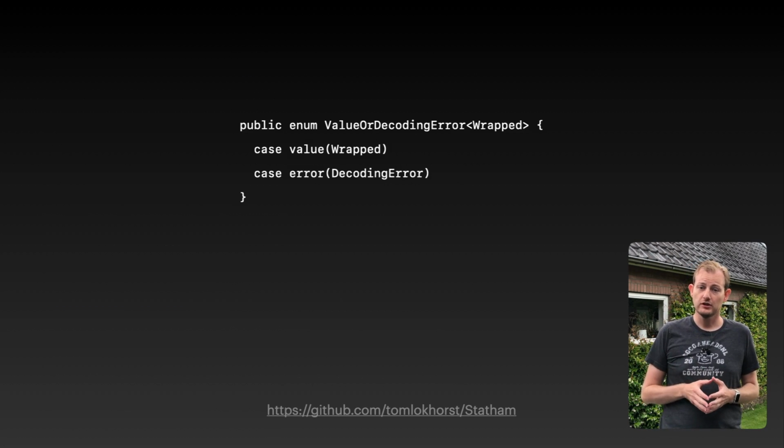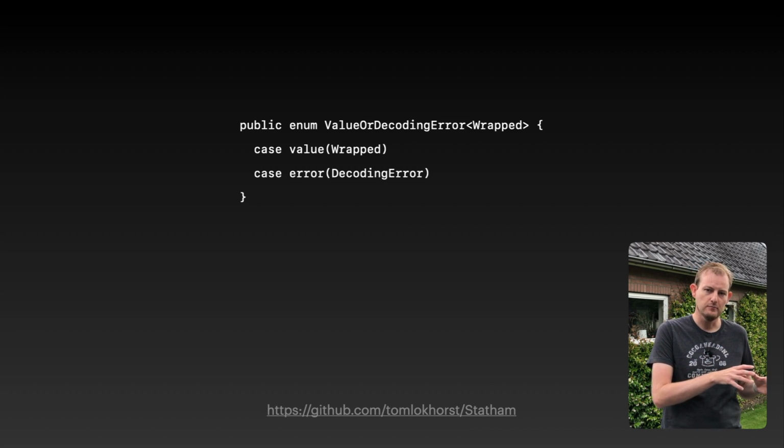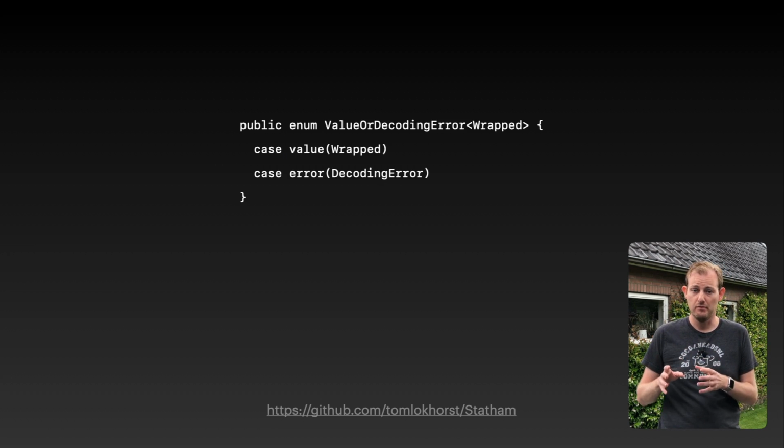The value or decoding enum is a safeguard. It's a generic enum that wraps a single value or an error. The decodable implementation tries to parse the input as the wrapped type, and if that decoding fails, it returns an error, otherwise it returns the actual value.